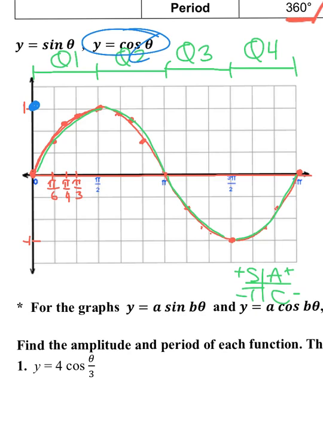At pi over 6, my unit circle x-coordinate for cosine is rad 3 over 2. And remember the calculator told us that that was about 0.866. So it's right around here. And at pi over 4, it's at rad 2 over 2. So this is where it intersects that sine graph. At pi over 3, it is at 1/2. And at pi over 2, the x-coordinate is at 0.